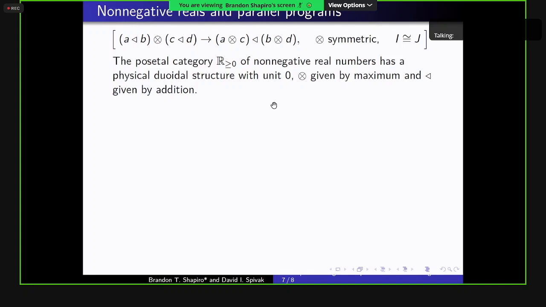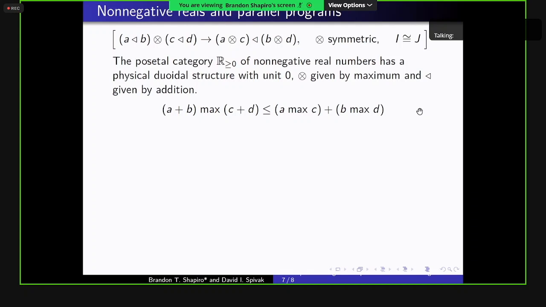And to check the interchange map, we see that the maximum of 2 sums will always be less than or equal to the sum of 2 maxima of corresponding numbers. And again, all of these are non-negative, which is relevant to this.